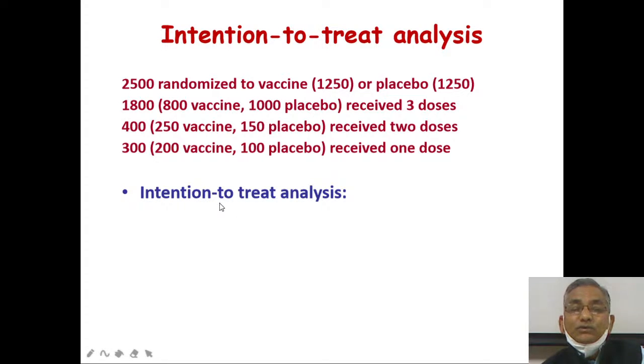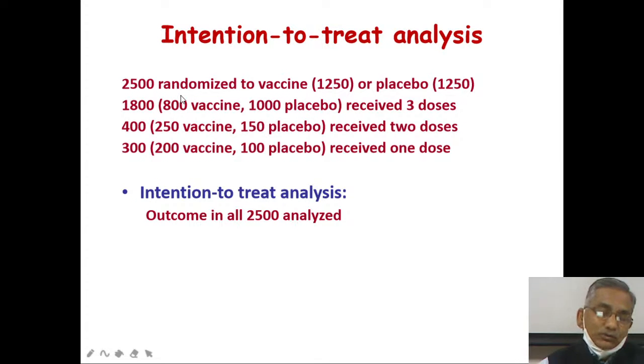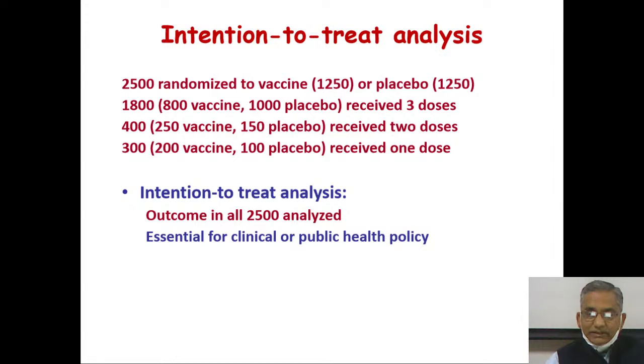So when you do intention to treat analysis, the outcome has to be in all 2500. In intention to treat, your outcome has to be compared in all the patients who were randomized, regardless of what intervention they received. Right? This is essential for clinical or public health policy, because you want to know not what happens in the hospital, but what actually happens in the population.